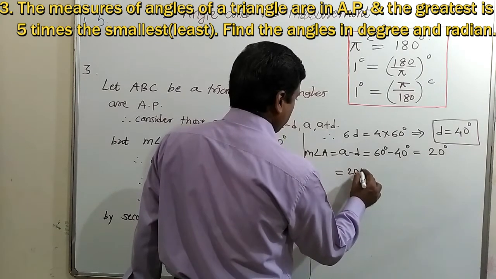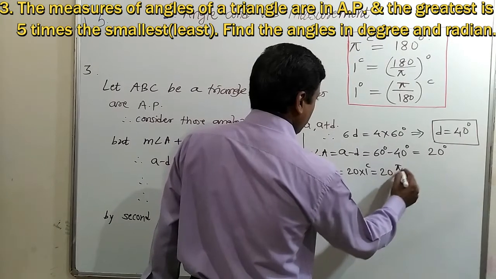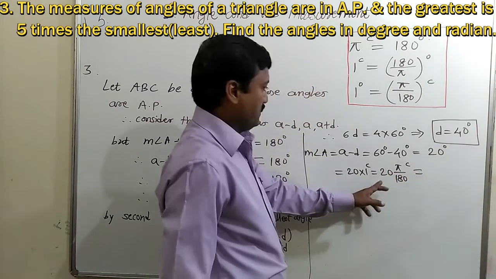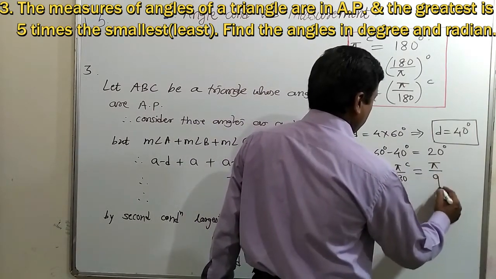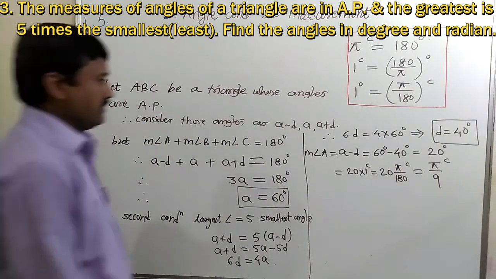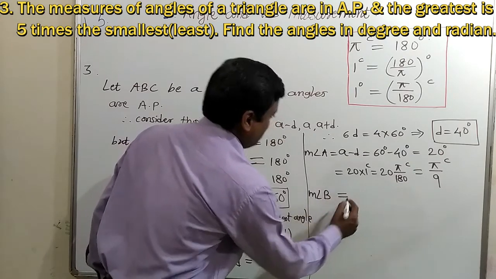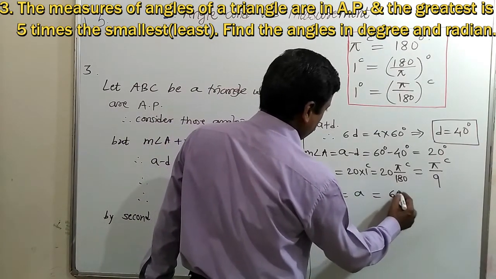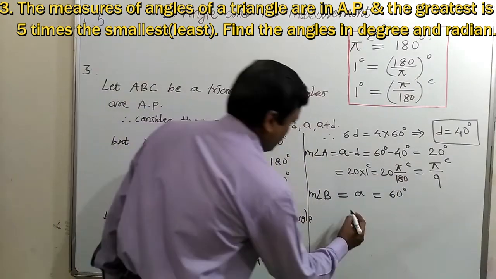So 20 into pi by 180 radian. This will give us pi by 9 radian. That is the first angle. Now second, measure of angle B is equal to a, it is equal to 60 degree.